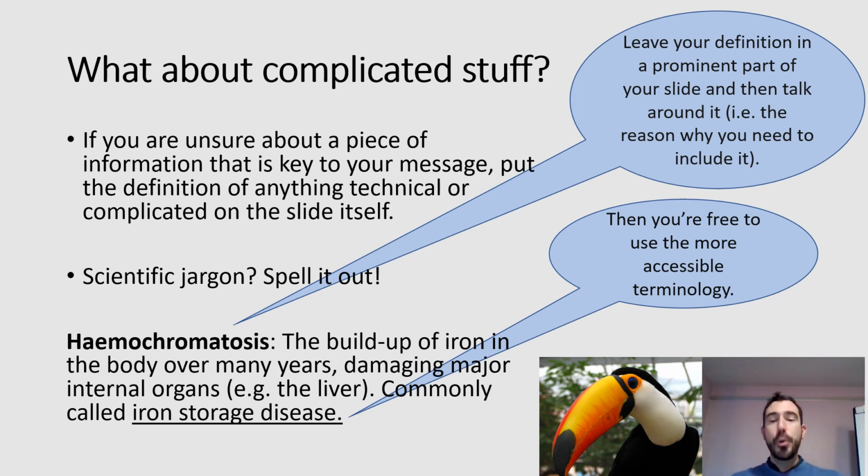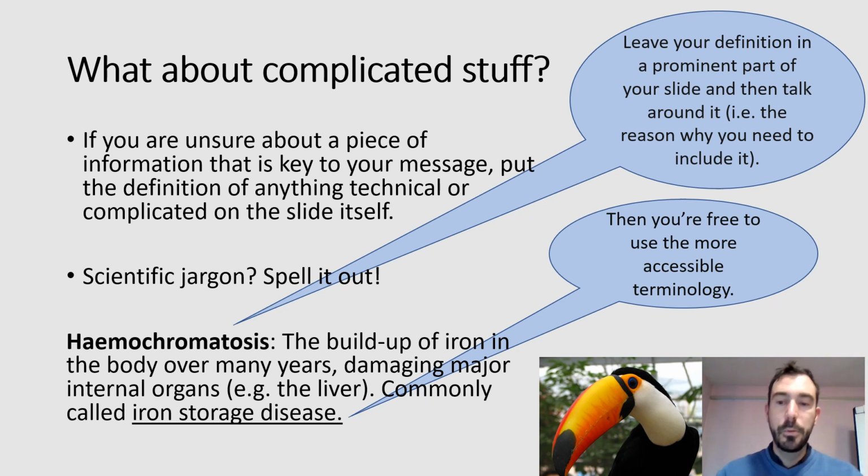So long as you know what the terminology means and you can explain it, you will bring along your audience with you. If you are unsure about a piece of information that's really crucial to your message, make sure you put that definition and the concept on your slide. Spell out any scientific jargon so people exactly know what you're talking about.